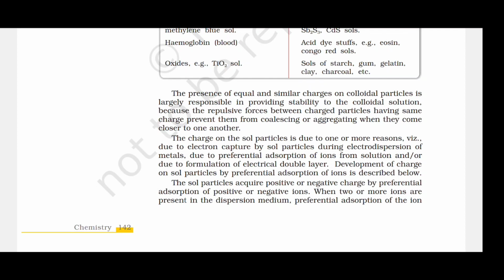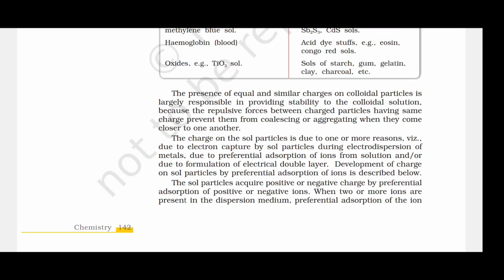The charge on the sol particles is due to one or more reasons. That is, due to electron capture by sol particles during electrodispersion of metals, due to preferential adsorption of ions from solution, and or due to formation of an electrical double layer.